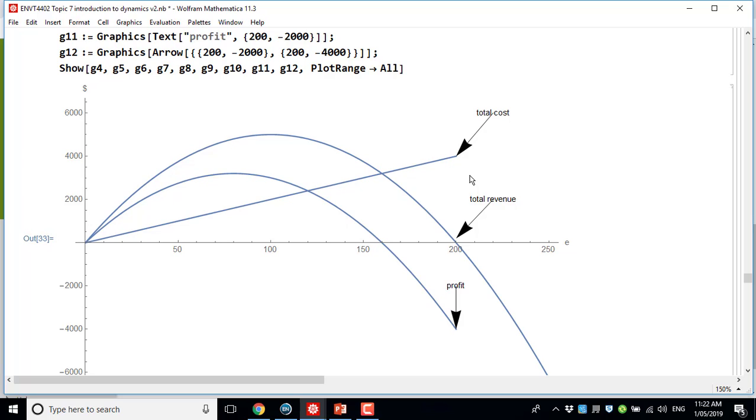So you have total revenue, total cost. What you're looking for is the biggest difference. If you're managing a fishery, the biggest difference between total revenue and total cost. So that's between these two lines here, and where you find that point, then the profit is maximised.